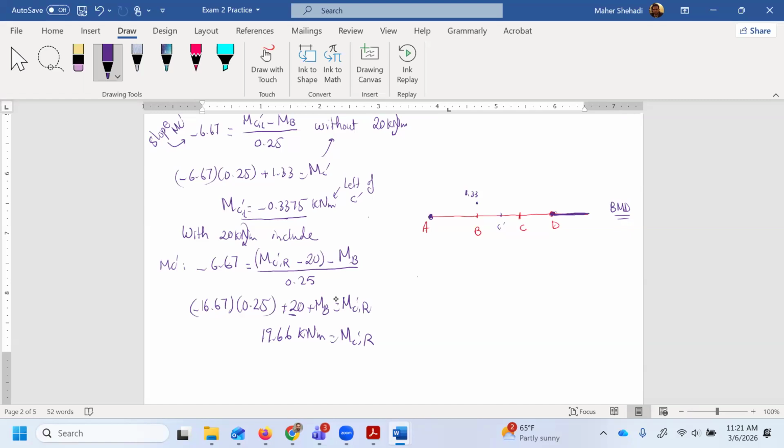So now here's point C. The first one was negative. I'll put the number here, minus 0.3375. And then to the right, so that means with the left, this would go from here to here, and then from here to here. And then here, this one is 19.66. That's MC prime to the right.